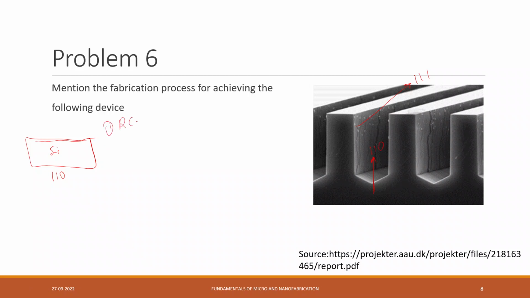Essentially the process is the same. We go for RCA cleaning, then PR coating, with a spin coater maybe, then we go for lithography.